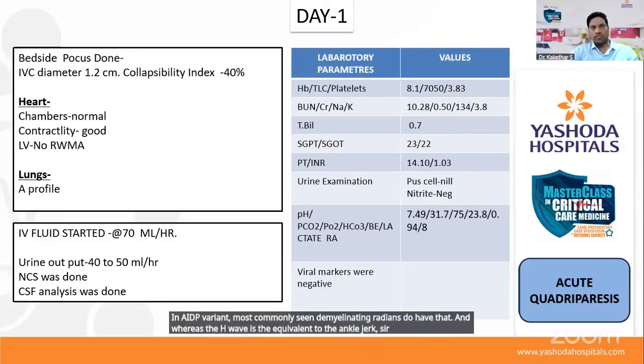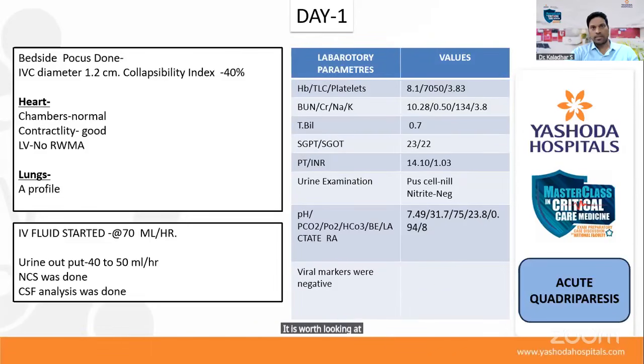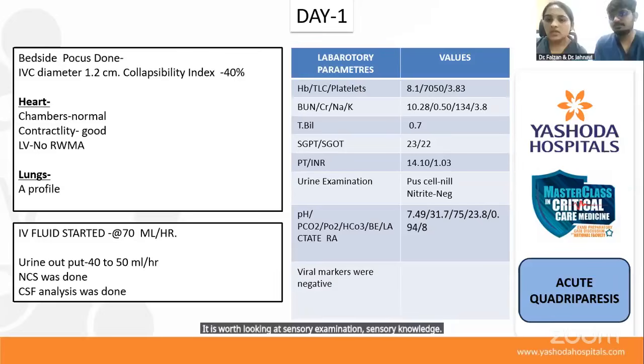We usually check at the S1 nerve root and the tibial nerve, and that's equivalent to a reflex. So in GBS, because the reflexes are low, the H waves are absent.